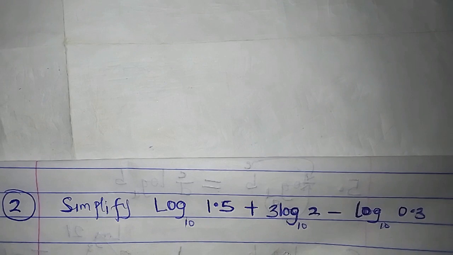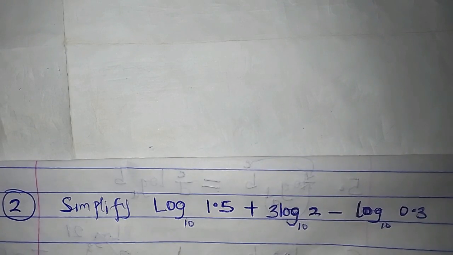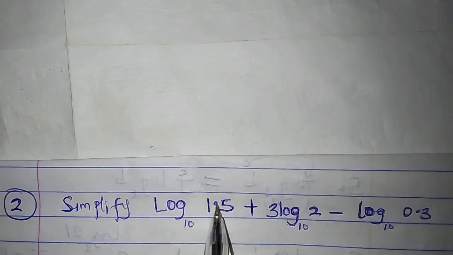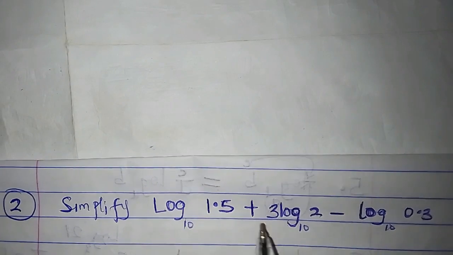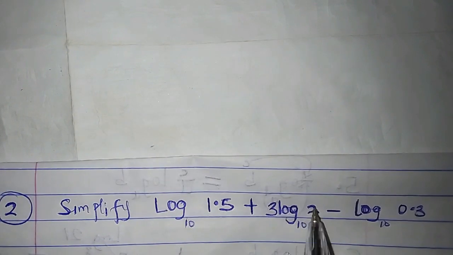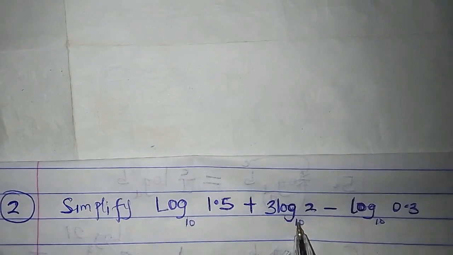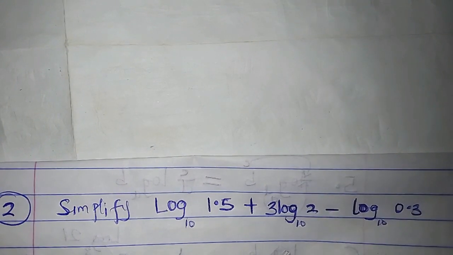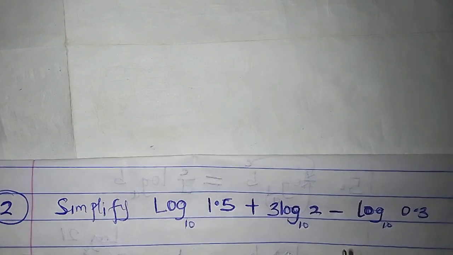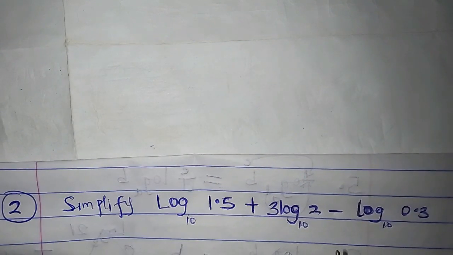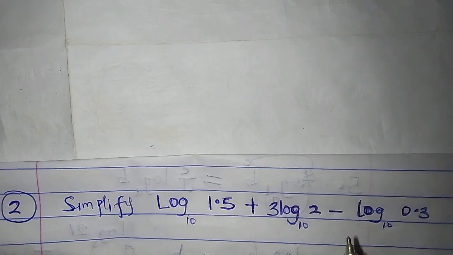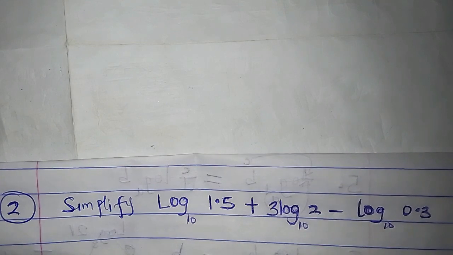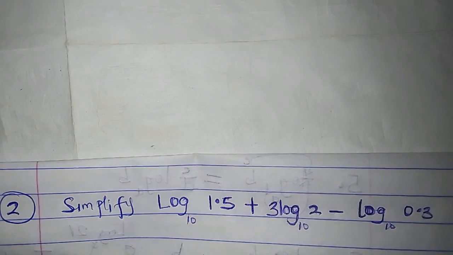Now to question 2. Question 2 says simplify log 1.5 to base 10 plus 3 log 2 to base 10 minus log 0.3 to base 10. Now, I want to quickly say something. If you have the log of a number and the base is not written, know that the base is 10.